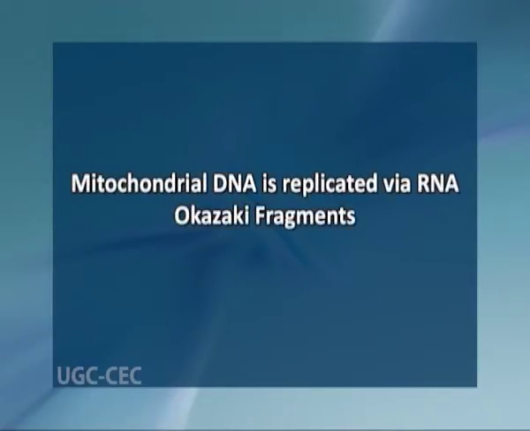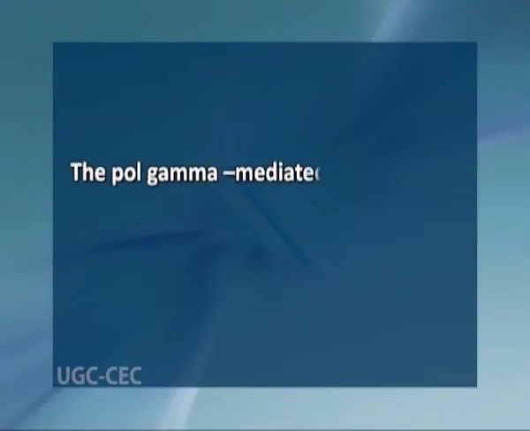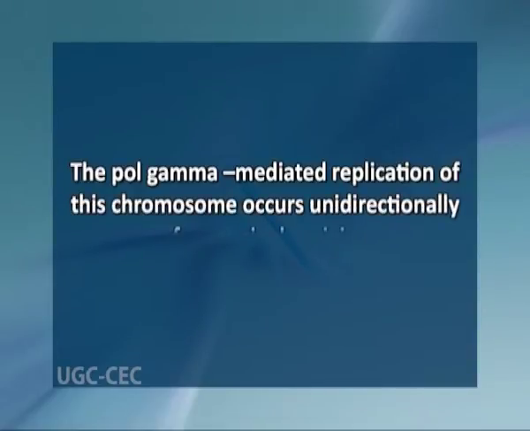Mitochondrial DNA is replicated via RNA Okazaki fragments. Mammalian mitochondria contain 2 to 10 copies of their 16 kb circular chromosome. The Pol gamma mediated replication of this chromosome occurs unidirectionally from a single origin.